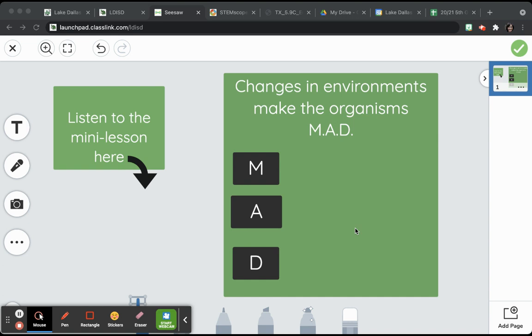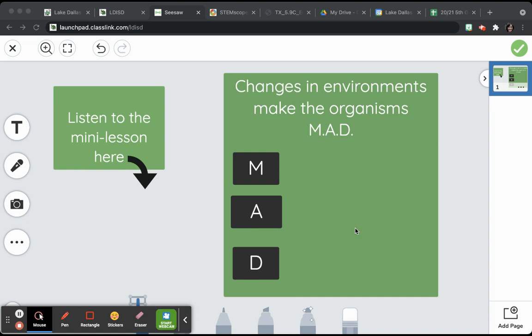Today we are wrapping up our unit of study where we focused on the different changes that occur in environments. By now, you should have had a chance to read the text in your STEMscopedia. In that, you learned about the different ways that living organisms deal with changes. If you recall, you even predicted some possible effects that could come about as a result of change in the environments.